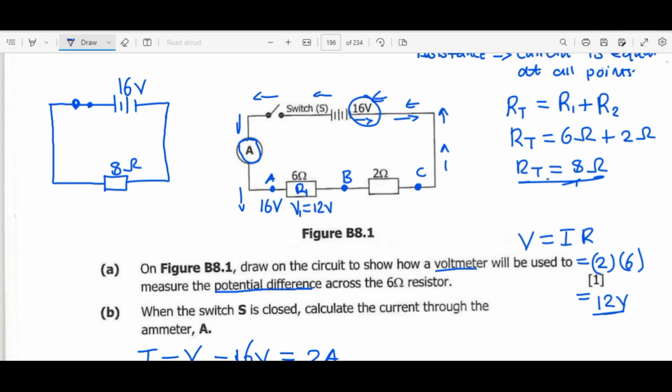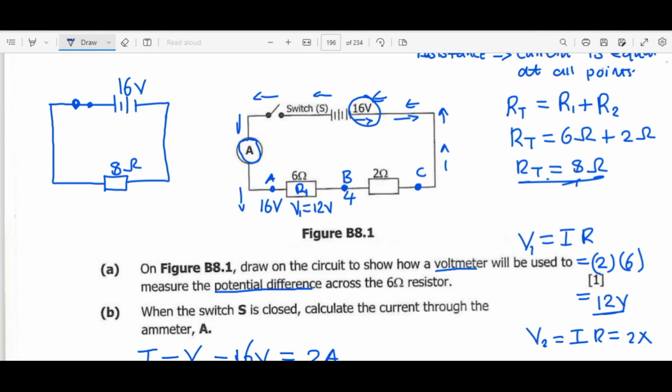To find the voltage at point B, we subtract 12 from 16 because that is used. So at this point, we are going to have 4. Now, if this is 4, how much was used by the 2 ohms resistor? We can also find that, and we're going to consider it as voltage 2. So current times resistance. Current is still 2, because current is the same at all points whenever the circuit is in series.